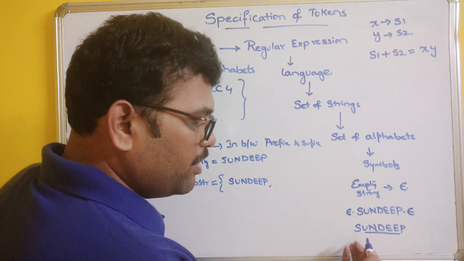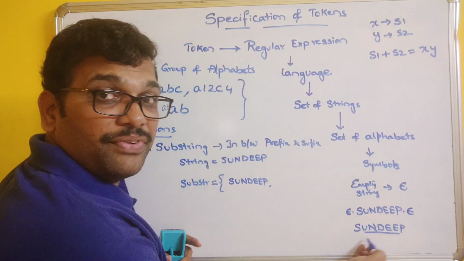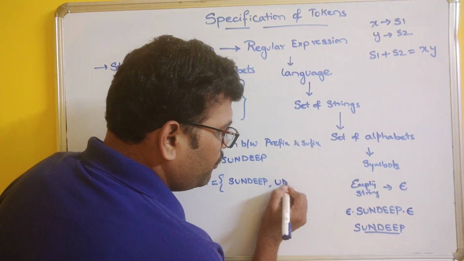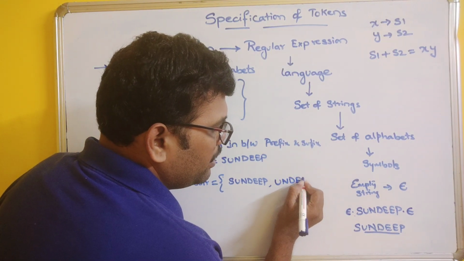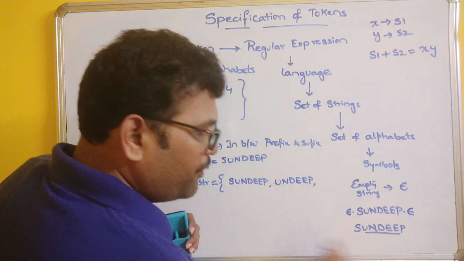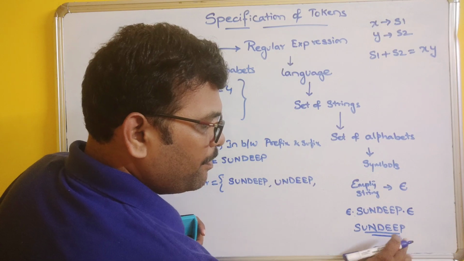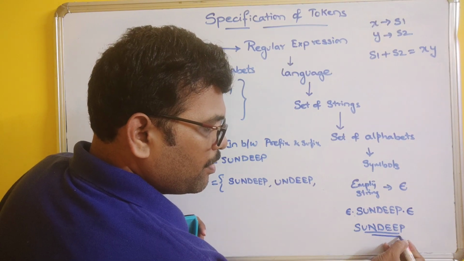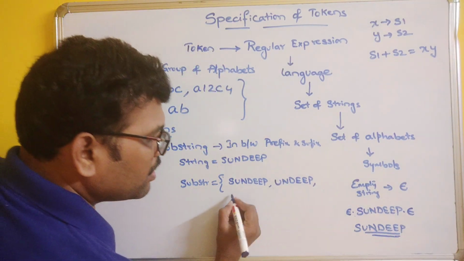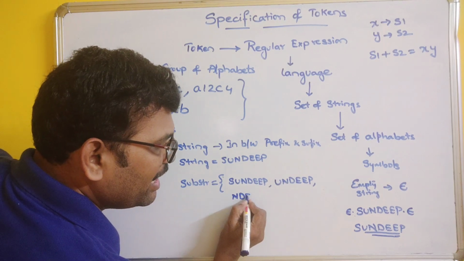If you imagine S and P as prefix and suffix, it will be UNDEE. And if you consider SU as prefix and P as suffix, then obviously it will be NDEE.